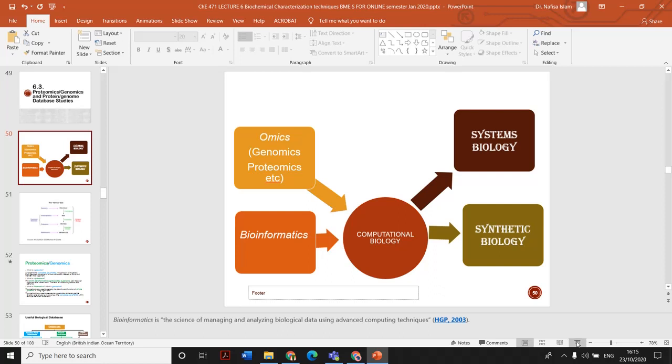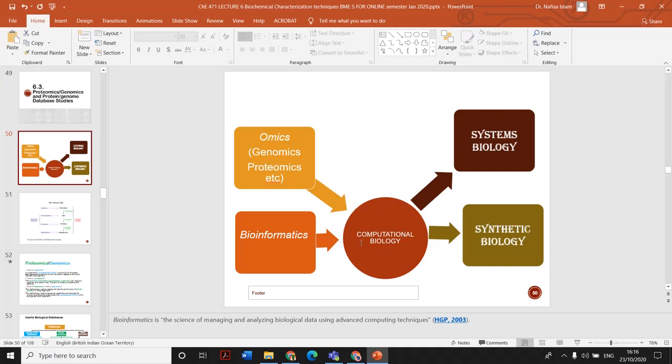So terms like omics, genomics, proteomics, these are very common terms now. We're going to look at what they mean. The rest of these terms, bioinformatics, computational biology, systems biology, synthetic biology, are all beyond the scope of our syllabus. But as you can see, the omics and the bioinformatics are a lot of data which we can use, and they're basically huge databases which we put into our system.